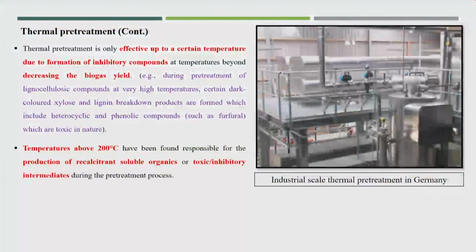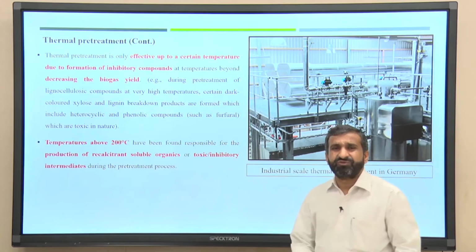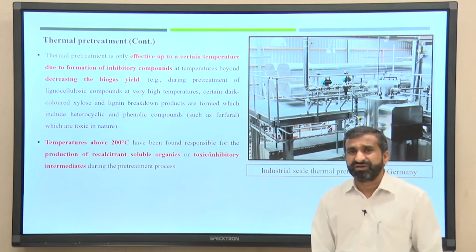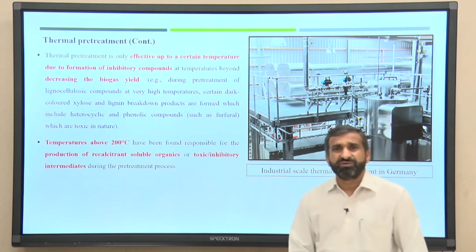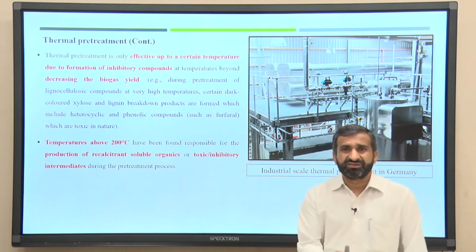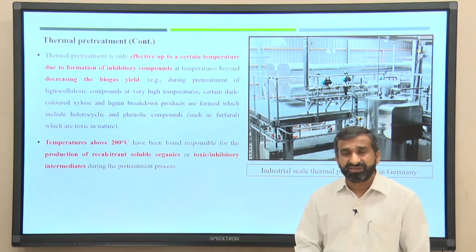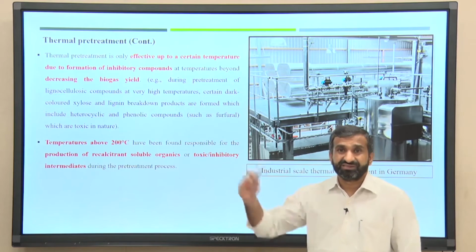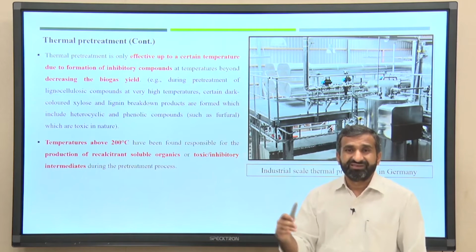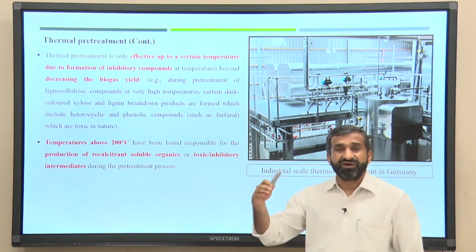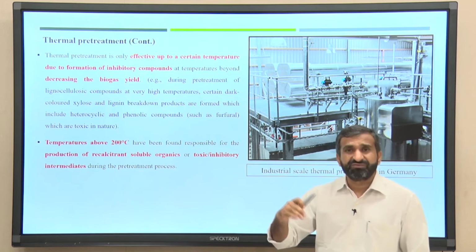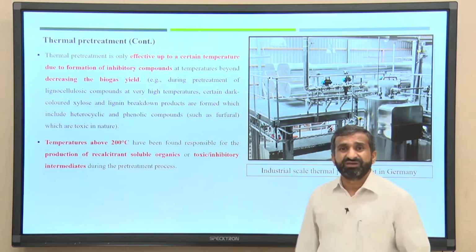Temperatures above 200 degrees centigrade have been found responsible for the production of recalcitrant soluble organics or toxic or inhibitory compounds during the pretreatment process, and different biomasses require different temperatures. So, initially we have to do some laboratory studies to see how much temperature and how much duration a particular substrate requires. Duration is also an important factor: some substrates will require only 30 minutes, some 2 hours at a particular temperature.